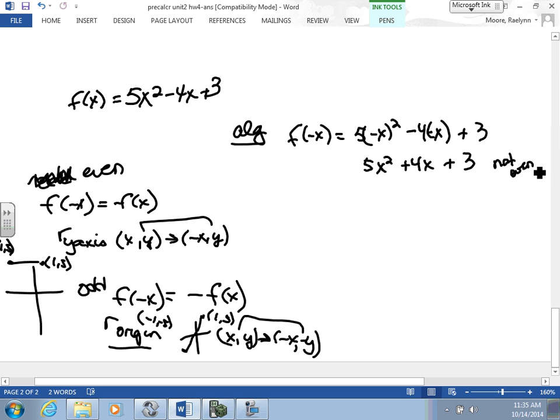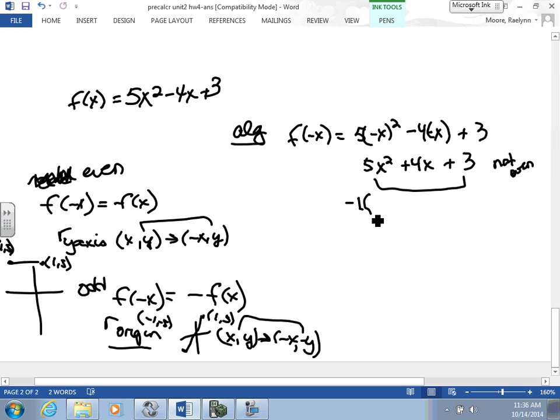To check for an odd, one of two things. You can look at every term to see if it's the opposite sign. So 5x squared is the same sign. The positive 4x is the opposite sign, but these two terms are the same as the original. Another way to do this is to factor out a negative 1.